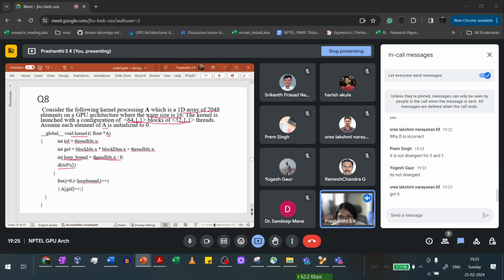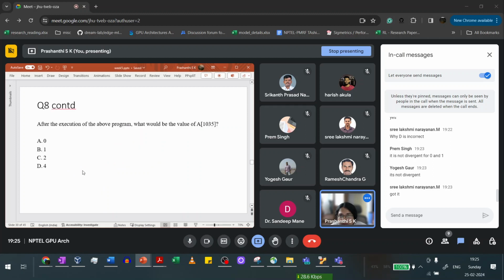So this is the same array A that you're taking as an input, and remember that it's initially initialized to 0 and you're incrementing it under this condition. Now this is your kernel code. Now your question says, after the execution of the above program, what would be the value of A[1035]? You have 4 options: 0, 1, 2 and 4.